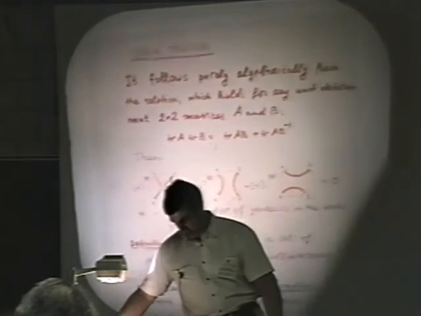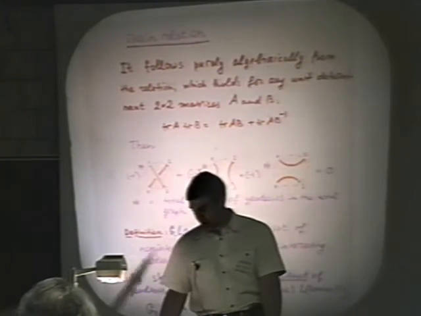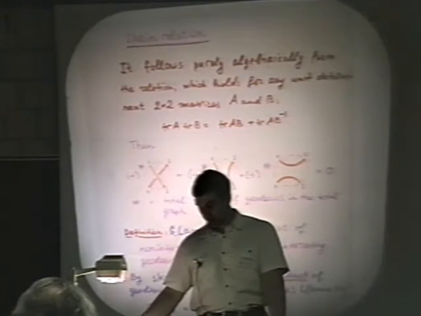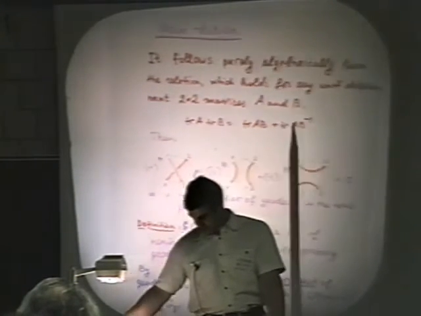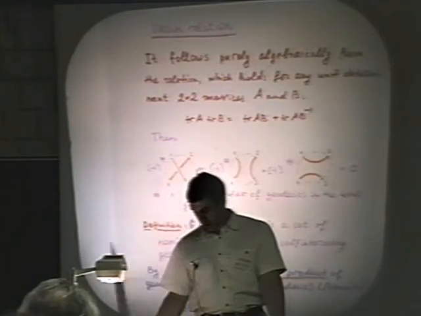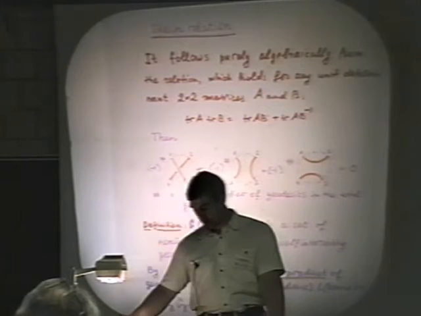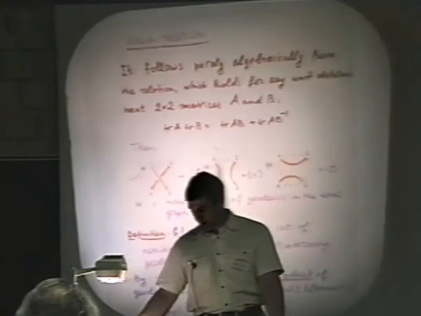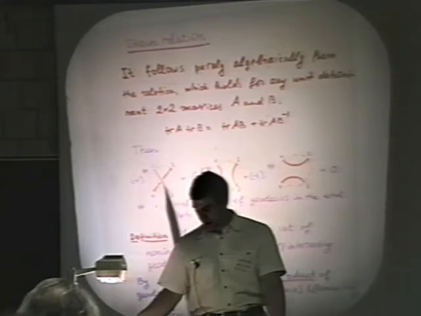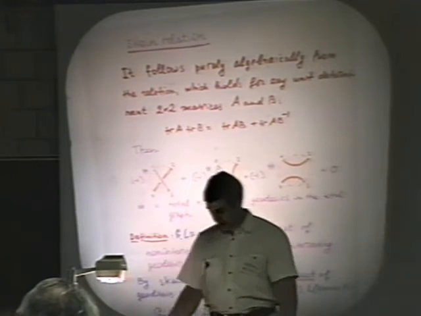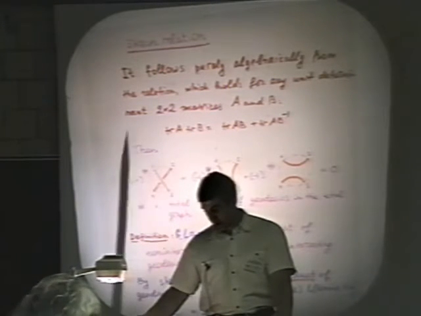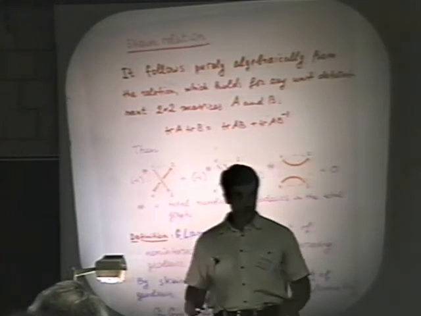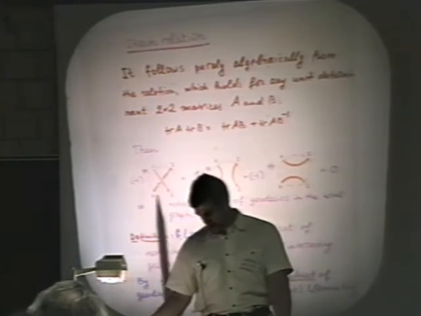So, the first thing we have is the famous skein relation, and it's purely classical and follows just from the identity which holds for any 2 by 2 matrices A and B with unit determinants. And it has this form, but in the language of crossing geodesics, that says that if we have two crossing geodesics and look at them in a microscope, then irrespective of what's going on in the rest of the graph, we have this relation.